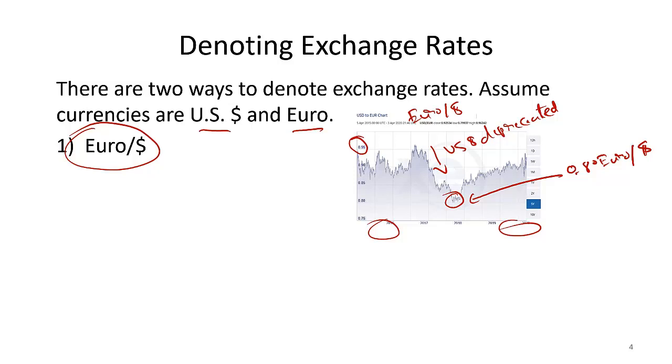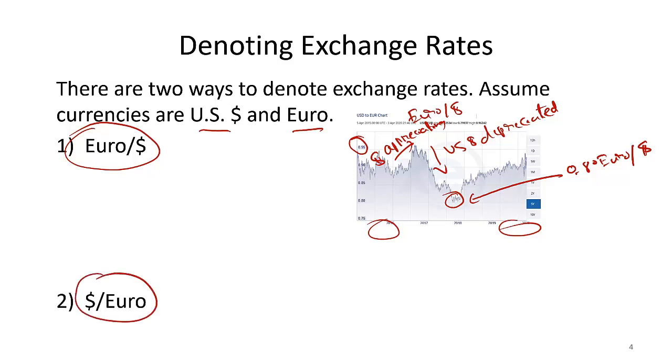So the dollar can buy less euro. That means the dollar is depreciating. On the other hand, when it is going up, the dollar is appreciating.